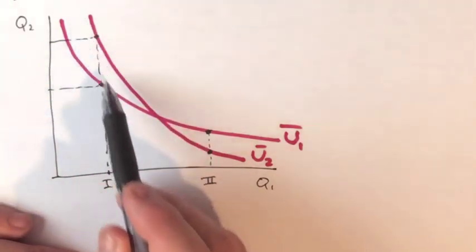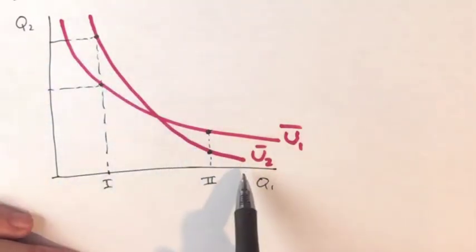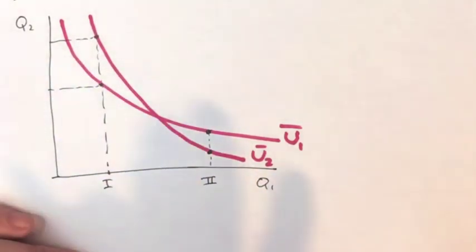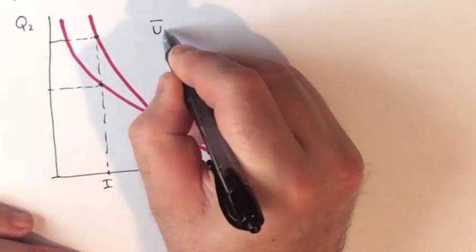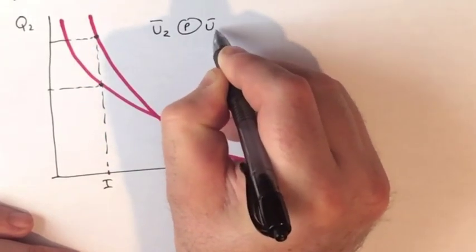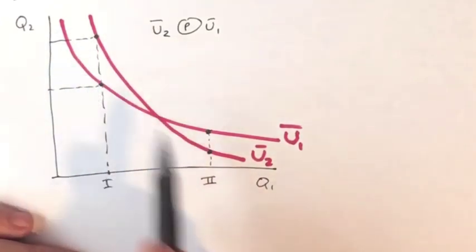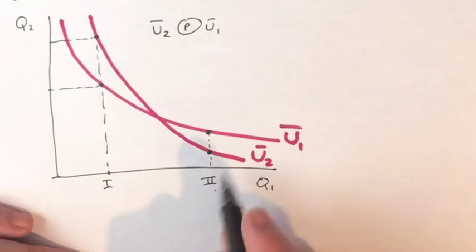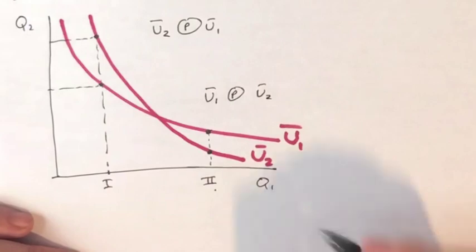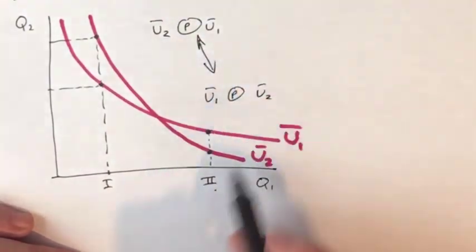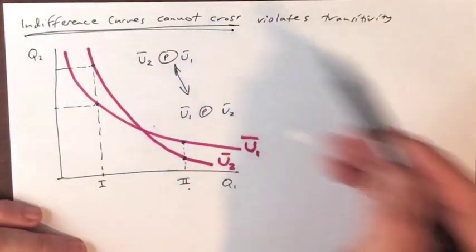And because we just said that, look, all along this curve has a constant level of utility, okay, what's happening over here is that indifference curve 2 is going to be preferred to indifference curve 1, right? They'd rather be here than here, okay? But over here, the opposite is true, right? Indifference curve 1 would be preferred to indifference curve 2. So that is a contradiction, right? These both can't be true. And so that's why we say they can't cross without violating our assumption.